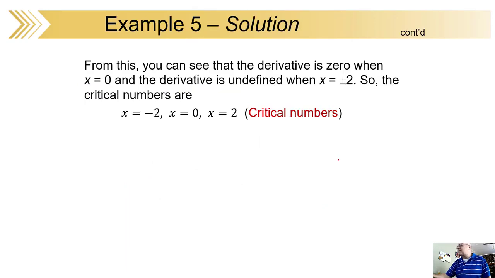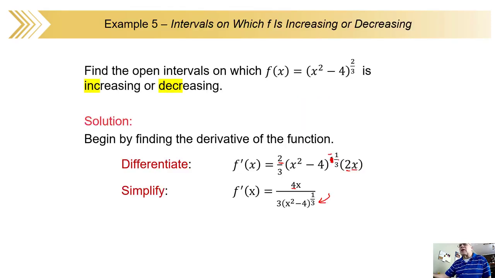Now, what you can see is you get 3 critical numbers. So where do they come from? Sneak back here. If you set that equal to 0, so here's our derivative from this.